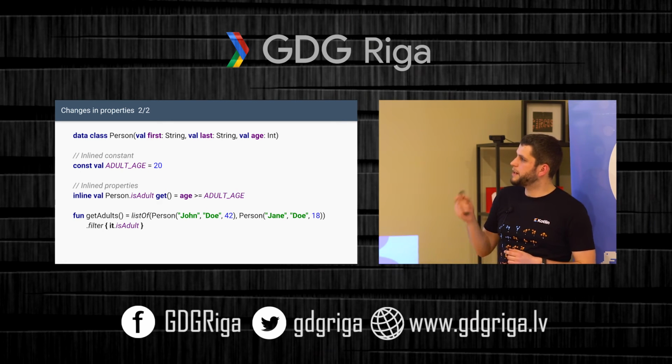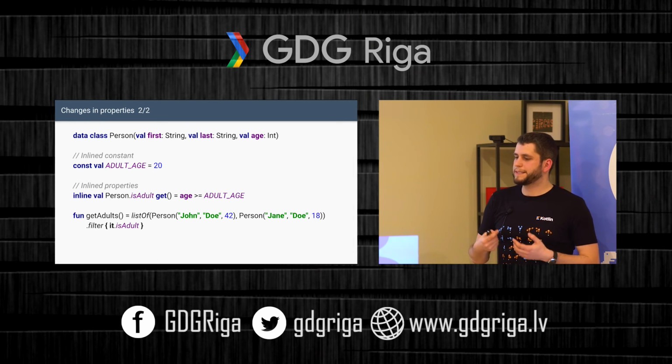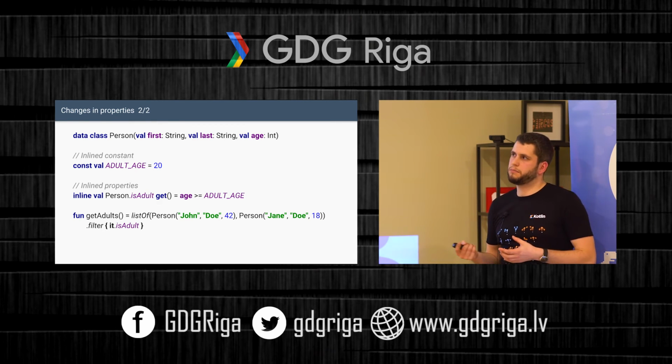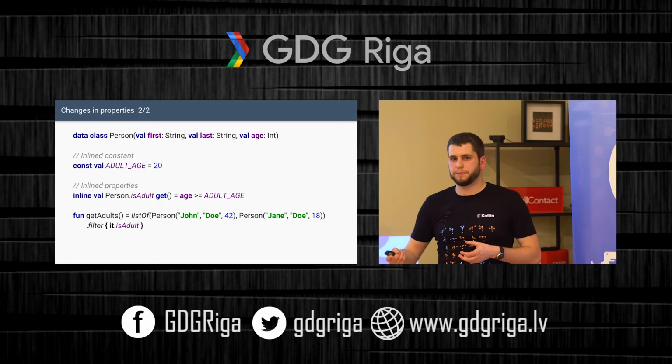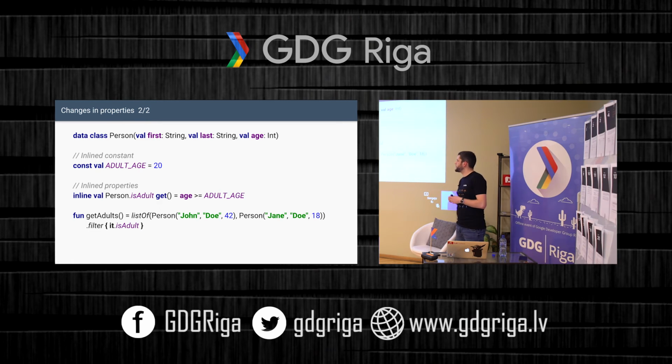Yeah, and inline properties. So basically, in Kotlin, you can provide extension functions and extension properties. For functions, it works as if it was a static method with the first parameter. And for inline properties, it works basically the same, but you access those properties as if it was data in the class.